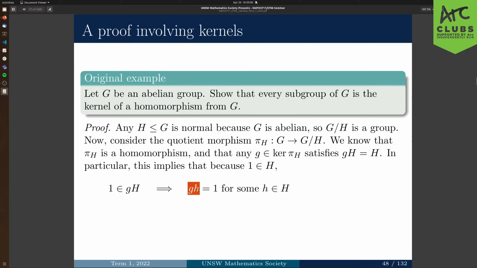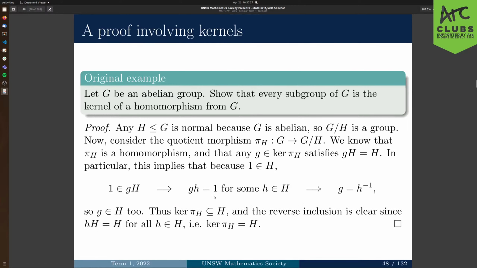But now all of these elements here have inverses, right? So in particular, I can say that G actually has to be H inverse in this case, right? And I know, obviously, that H is a subgroup, so this H inverse here is still an element of H. So in fact, this implies that G is in H, which is exactly what I said earlier, right? So this is just a bit of a justification for why this direction of the inclusion is true.